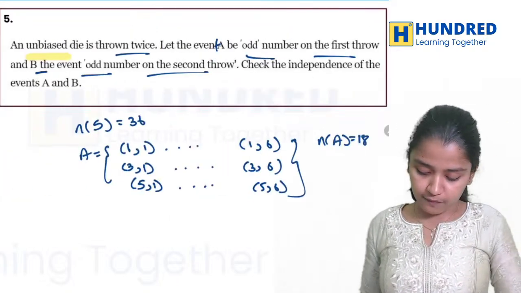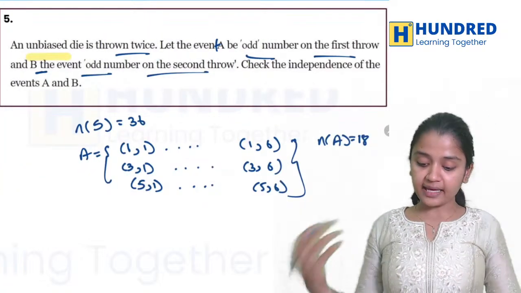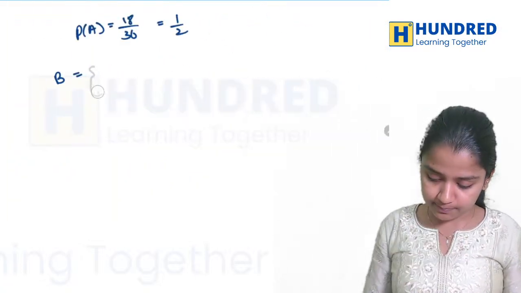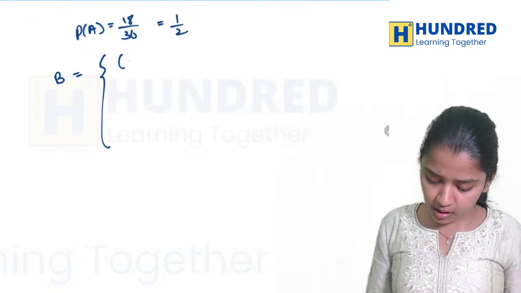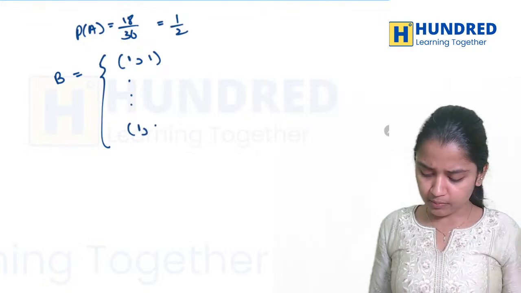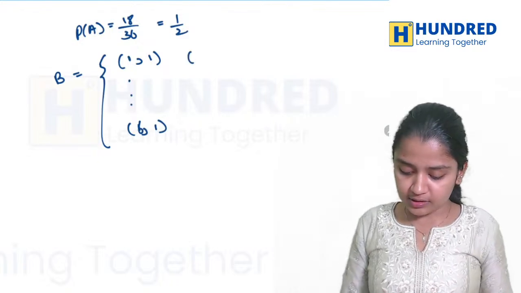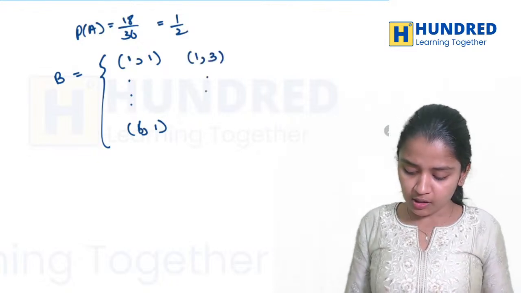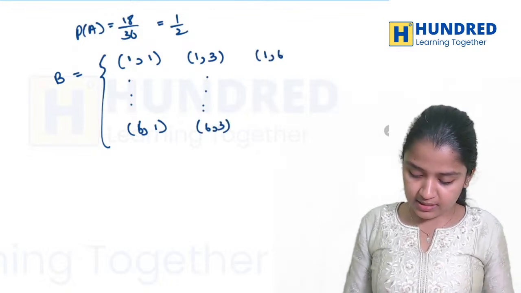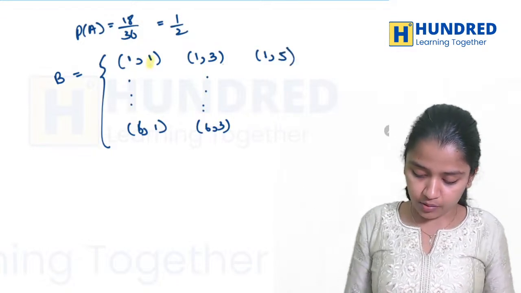Now in the same way, what is B? B is basically an odd number on the second throw. For an odd number on the second throw, basically 1,1 up to 6,1. Next 1,3 up to 6,3. In the same way 1,5 up to 6,5, because we need an odd number on the second throw, right?